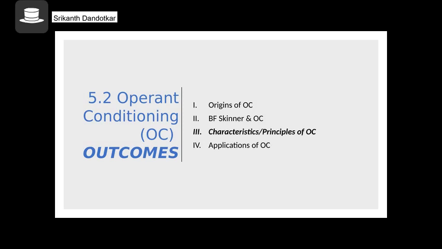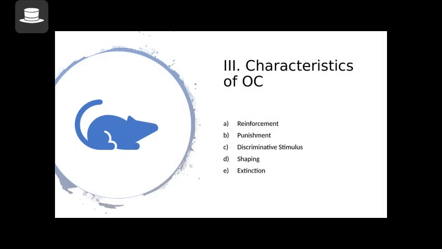Let's now look at the principles of operant conditioning that were proposed by B.F. Skinner under the banner of behaviorism. So with this outcome, we're going to talk about four different principles or characteristics of operant conditioning.